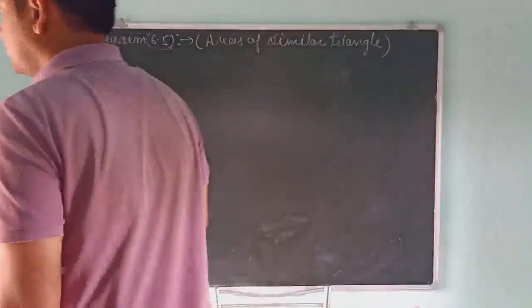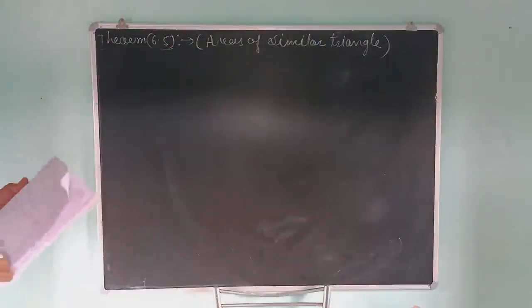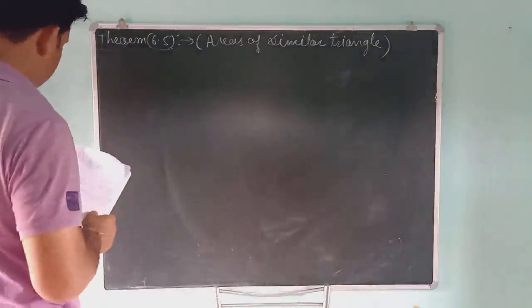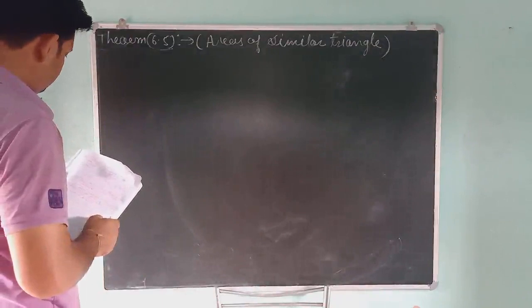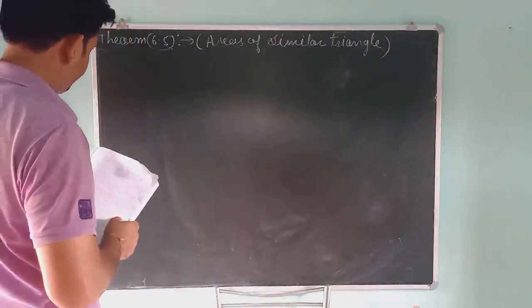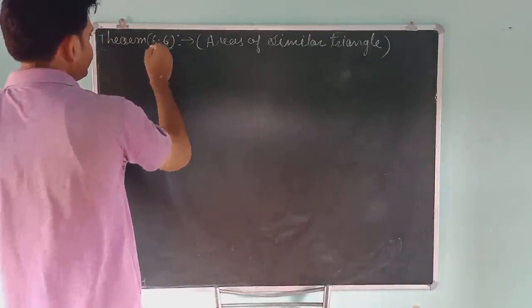So students, today's topic is areas of similar triangles, and the statement of the theorem, 6.6. Students, I think this is theorem 6.6.